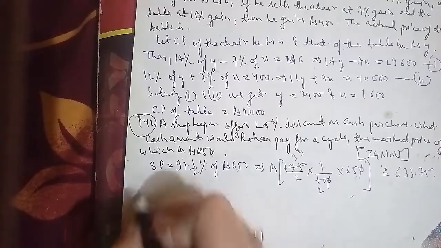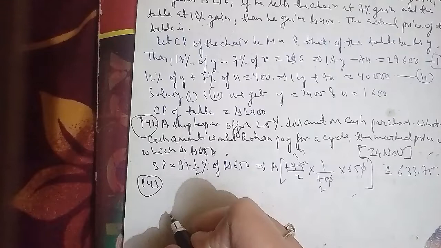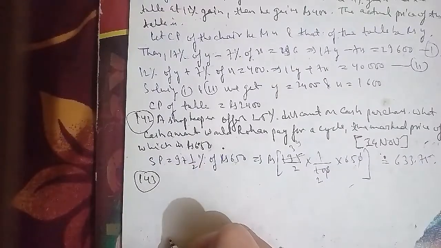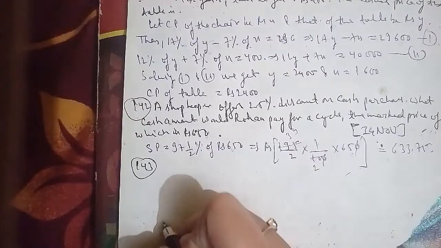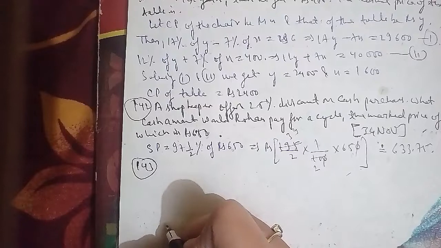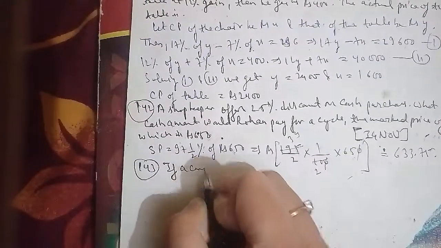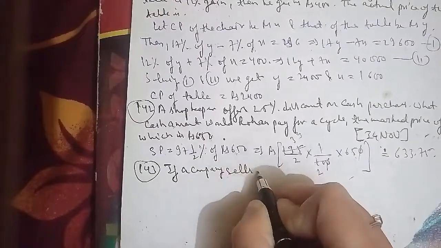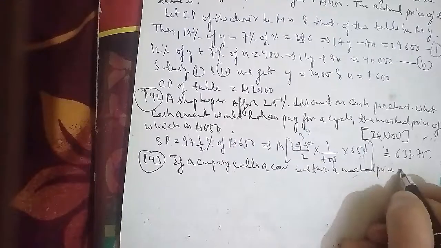So we go ahead for the question here. If a company sells a car with a marked price of rupees 2,72,000 and gives a discount of 4% on rupees 2 lakh and 2.5% on the remaining amount of rupees 72,000, then the actual price charged by the company for the car is.